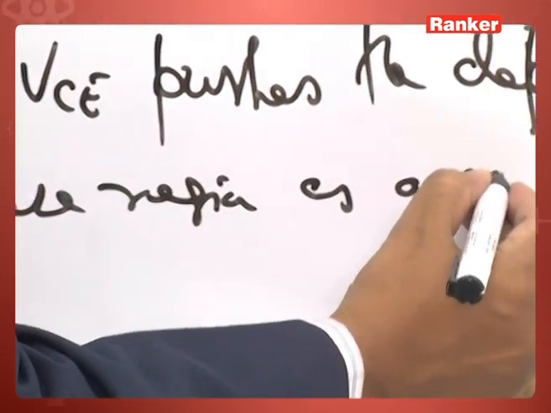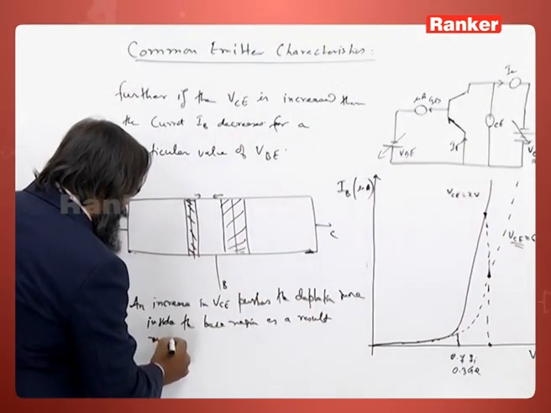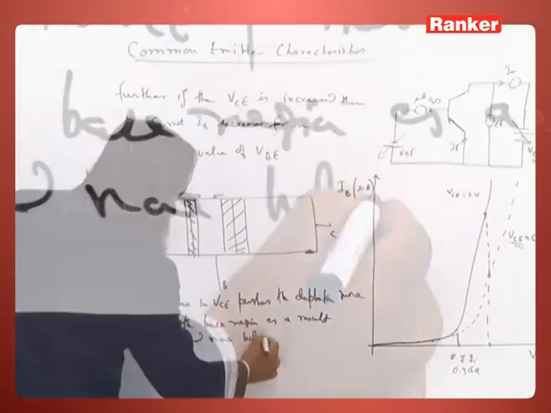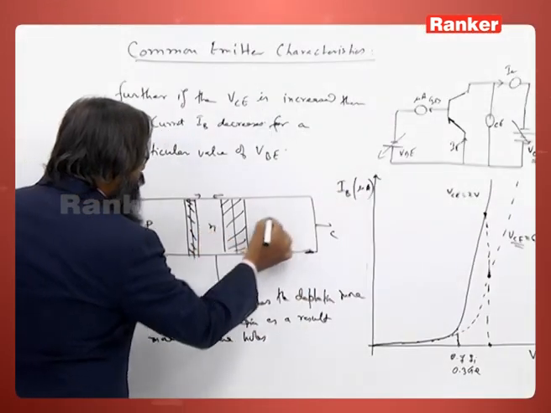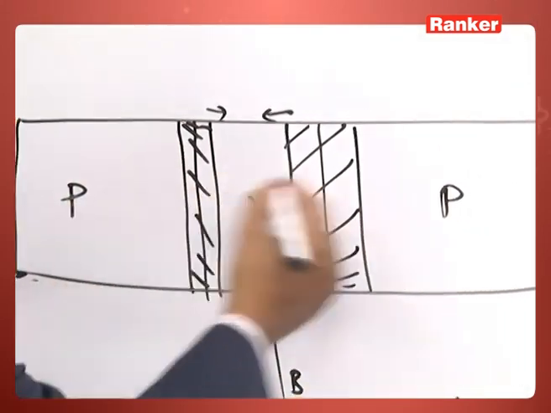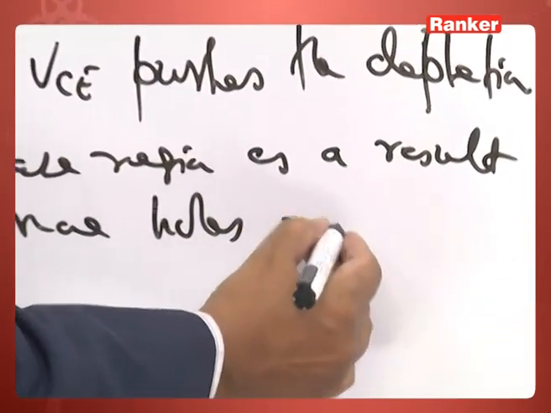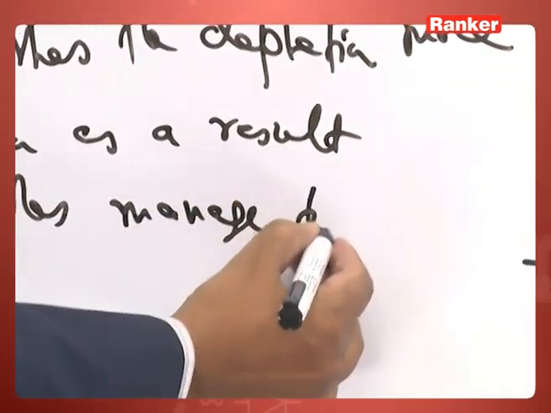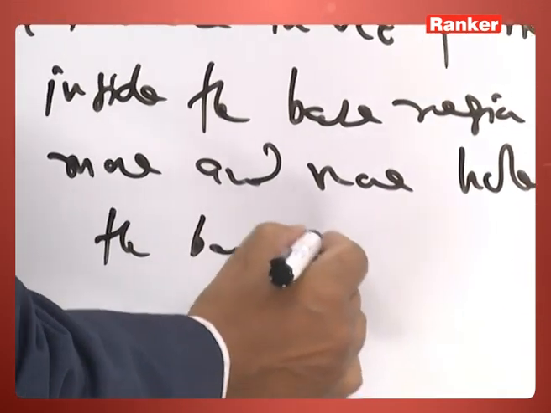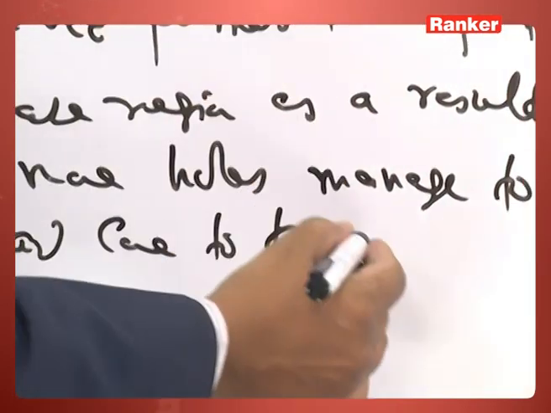As a result, more and more holes, suppose it is the P side, so holes, if it is the N side then electrons. So, here let us assume the P side. More and more holes manage to cross the base and come to the collector side.